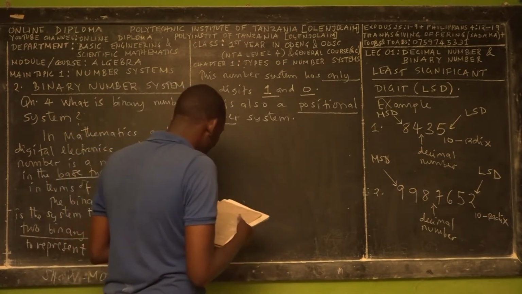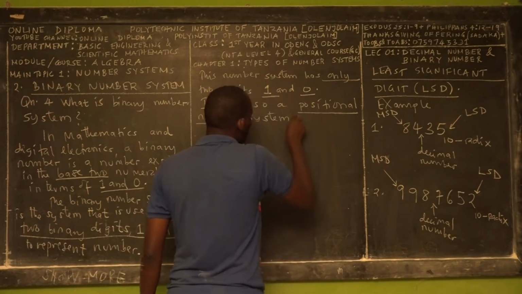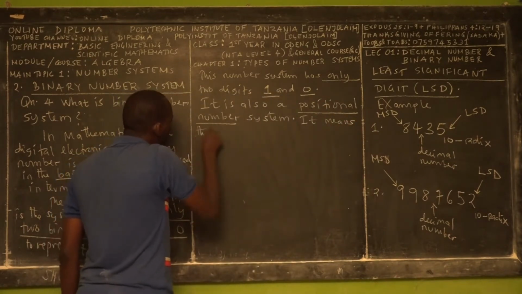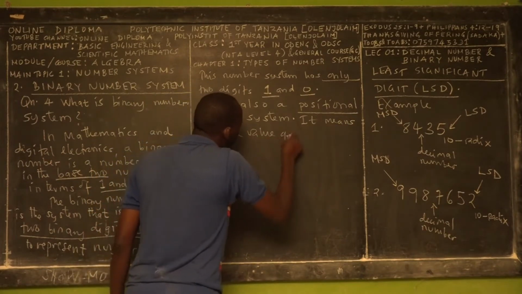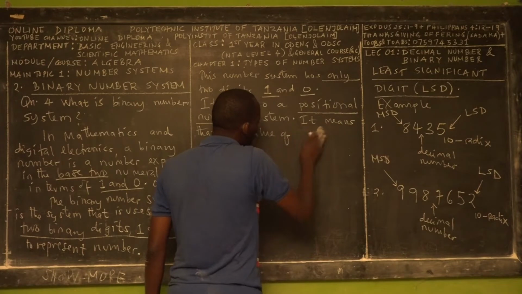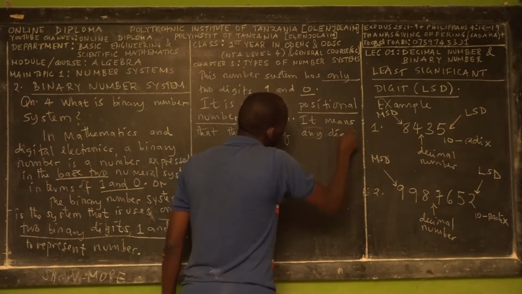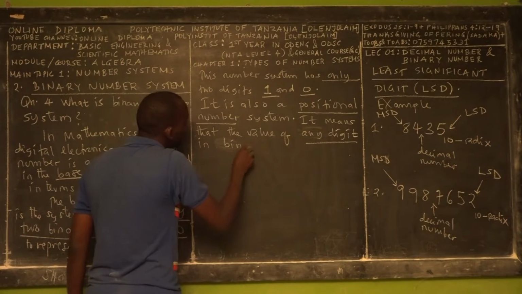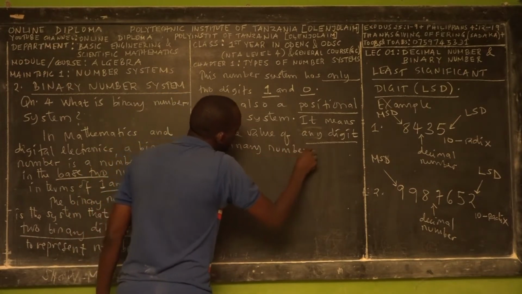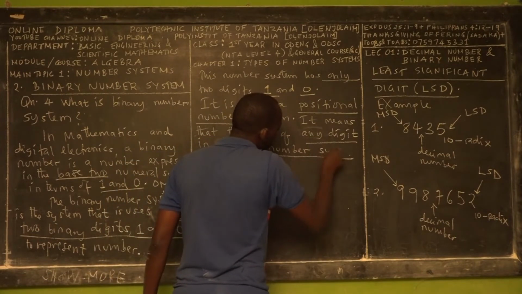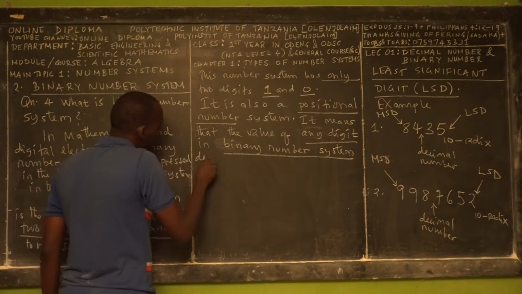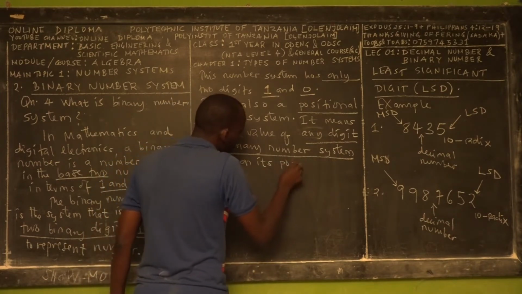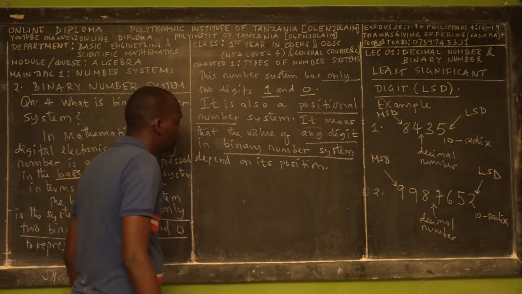This means the value of any digit in the binary number system depends on its position.